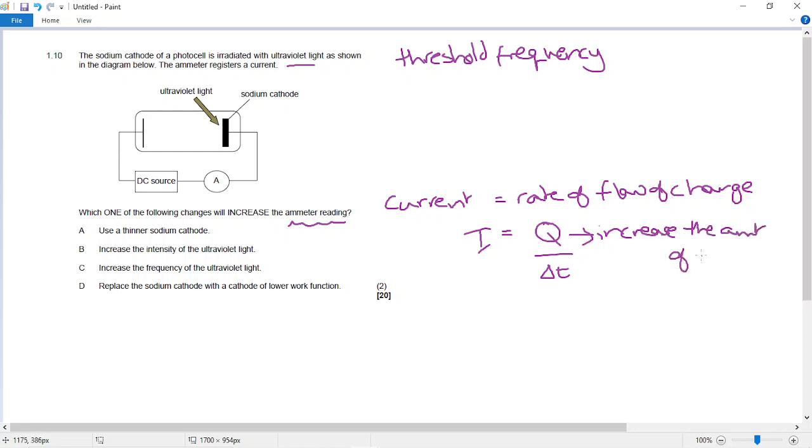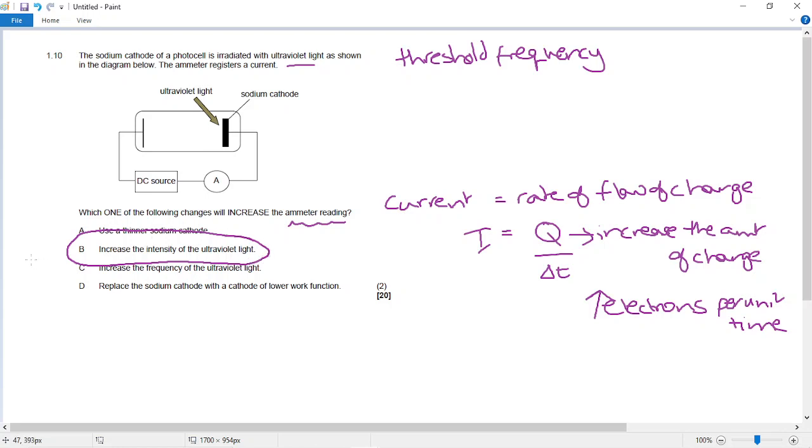So how do we increase the amount of charge? Remember, what is causing the current? Electrons are causing the current. So the only way to increase the amount of charge is to increase the electrons per unit time. How do we increase the number of electrons? We have to increase the intensity of the ultraviolet light, okay?